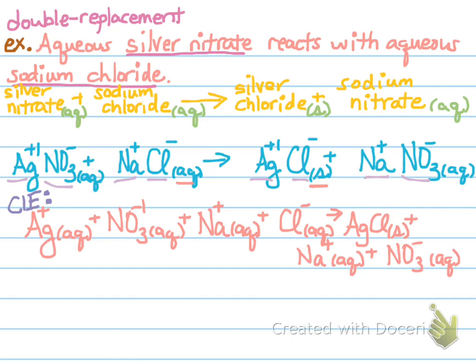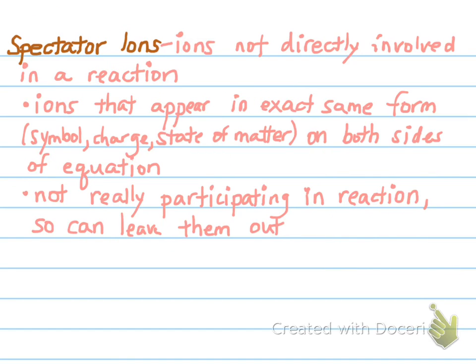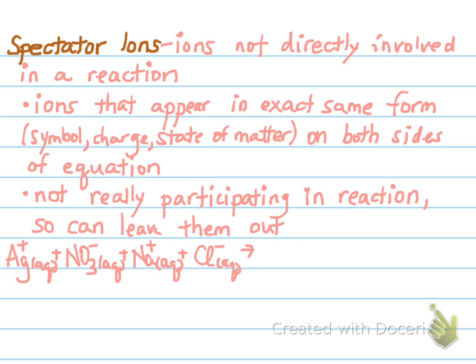So I'm going to try to rewrite this reaction here. I can make it work. Ag plus aqueous, plus nitrate aqueous, plus sodium ion aqueous, plus chloride ion aqueous produced that silver chloride, which we didn't break apart because it was in the solid state of matter, and the sodium ion aqueous and the nitrate ion aqueous.